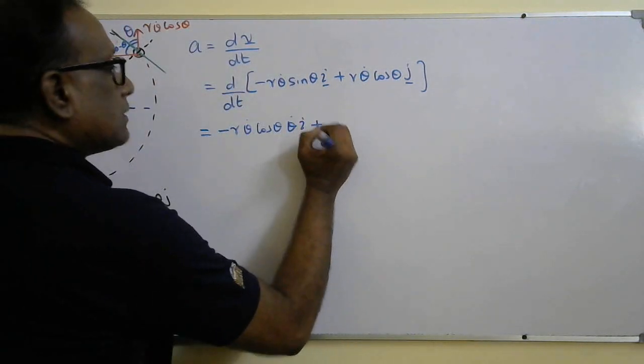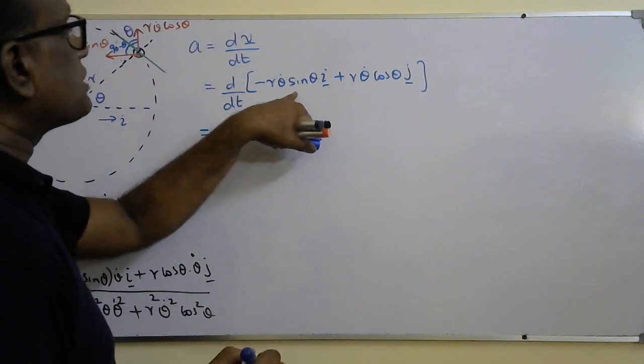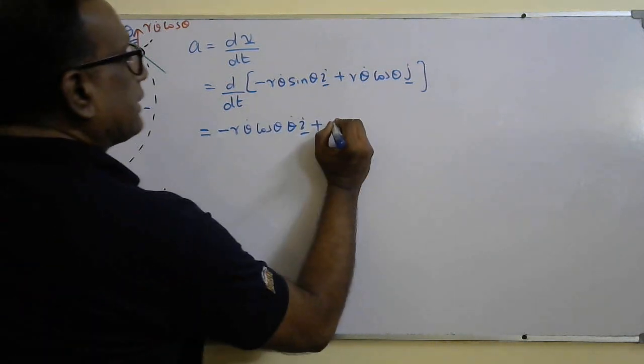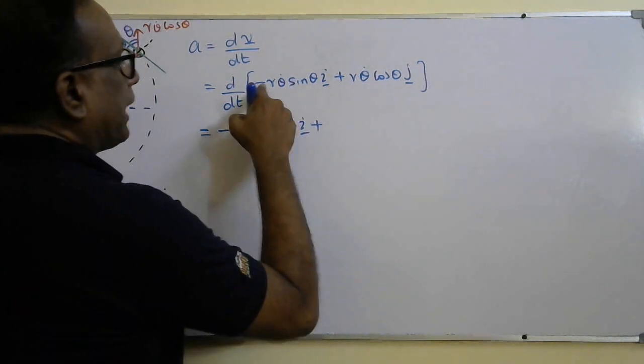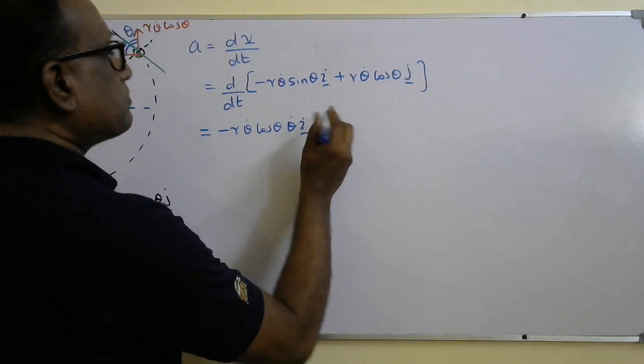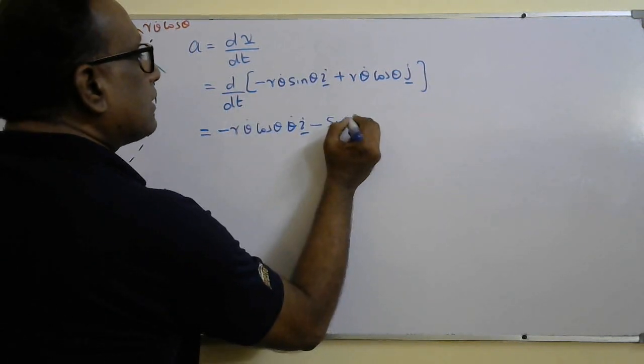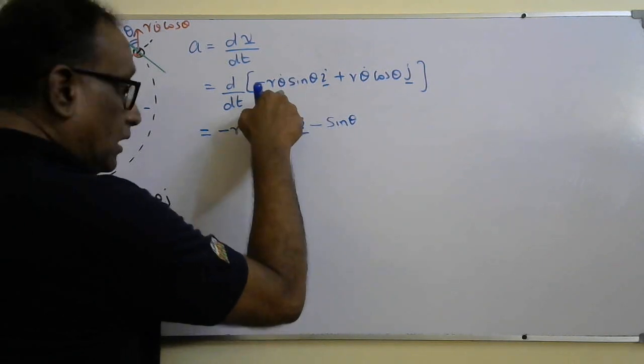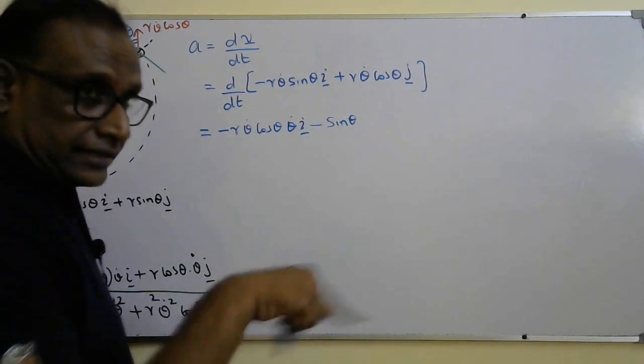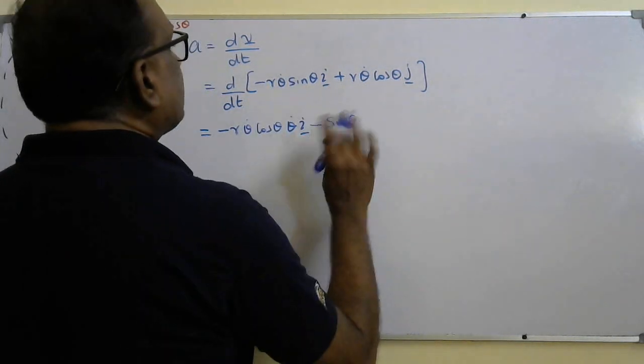Okay, plus I will differentiate this one. So sine theta, the minus sign I'll keep here. Sine theta into differentiating theta dot with respect to time, it will become theta double dot.